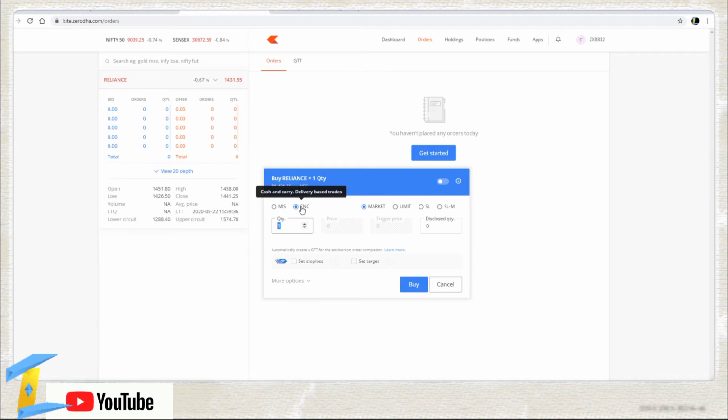The choice is completely yours, but it gives you an option to carry it forward for a very long period of time. And that's why we say cash and carry, because we are not using the broker's money, we are using only our money, and we know we have about 15,000 rupees and we are loading that entire money onto this particular stock, and we are buying about 10 stocks which will cost us about 14,000 rupees, and we have that kind of money in our account once we have made the fund transfer.